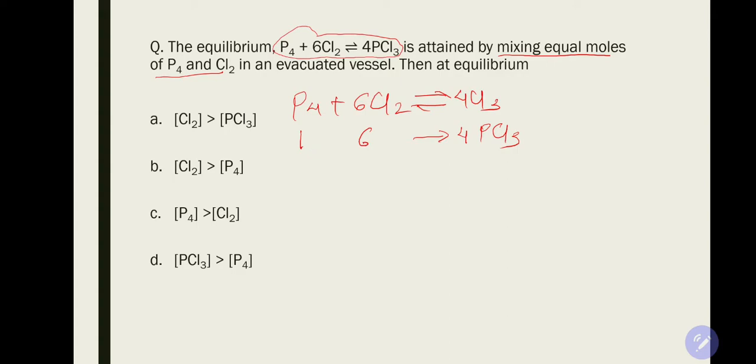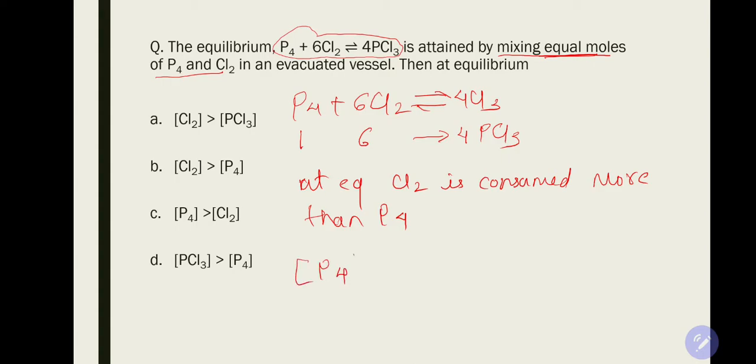That is, at equilibrium Cl2 is consumed more than P4, more than phosphorus. So if we start the reaction with an equal number of moles of P4 and Cl2, then obviously we can say that the concentration of P4 will be greater than the concentration of Cl2. Understood?